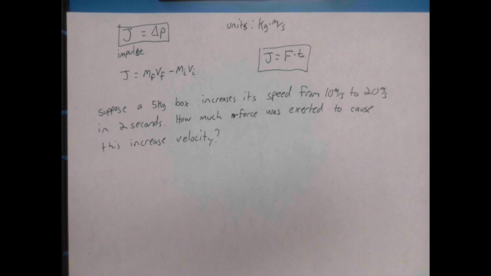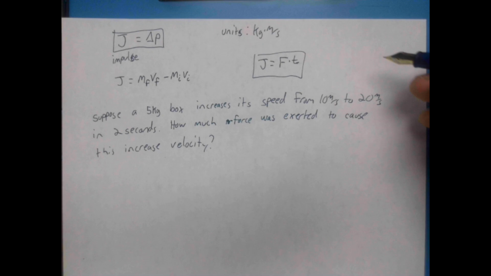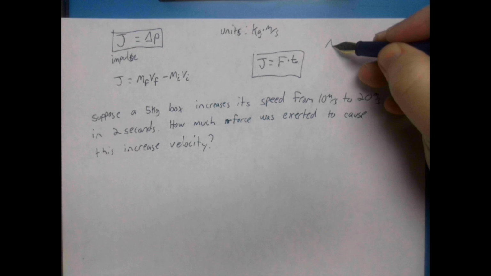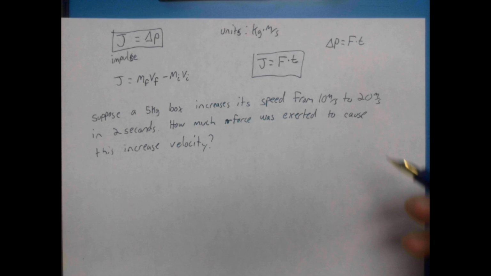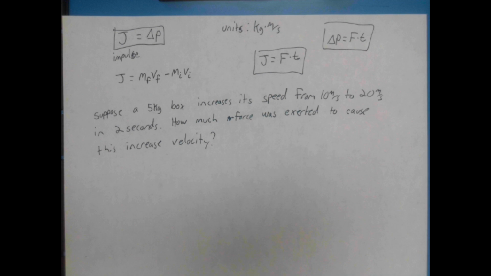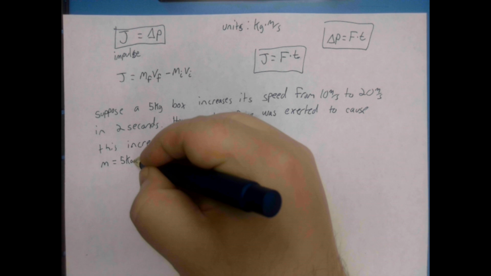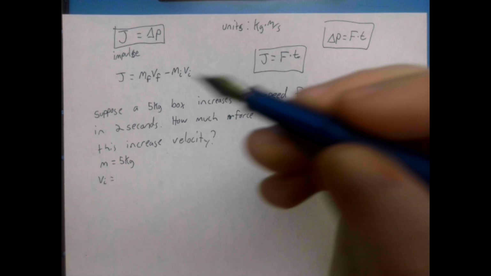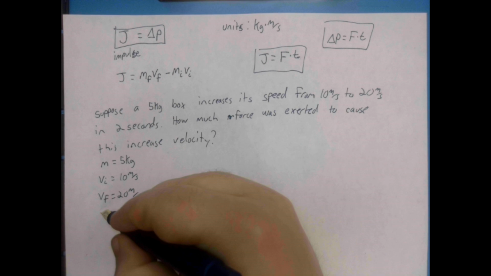So we can combine these two statements. Combining these two equations, we get that the change in momentum is equal to force times time. The mass is constant, 5 kilograms. The initial velocity is 10 meters per second, the final velocity is 20 meters per second, and the time is 2 seconds.